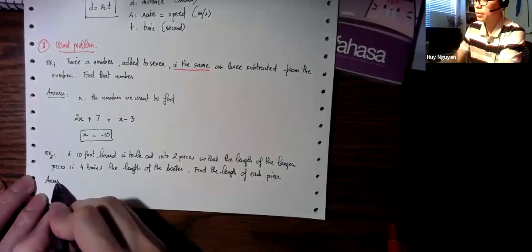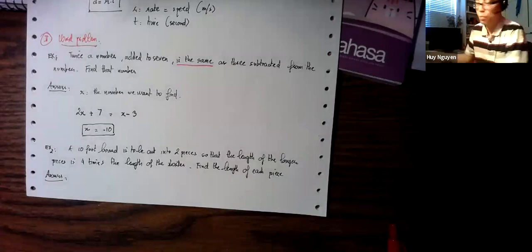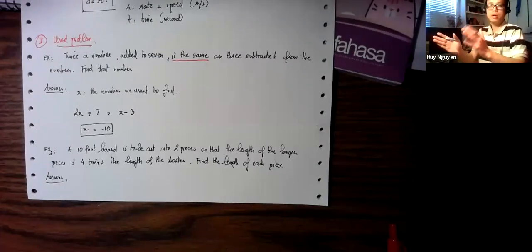So what do you want to find? We want to find the length of each piece. Just imagine a whole piece like this, and they cut it into 2 small pieces.